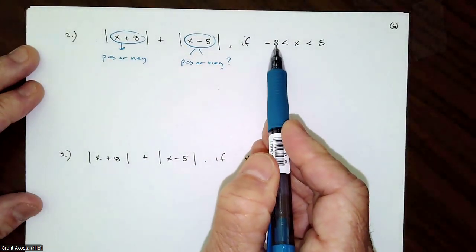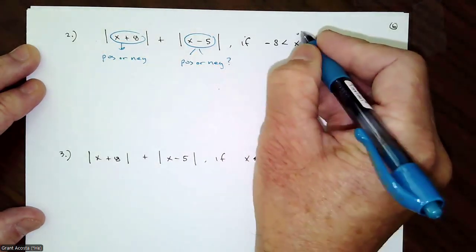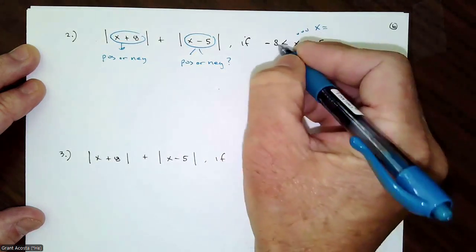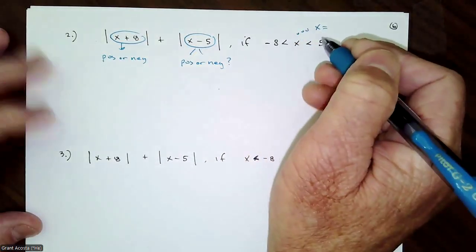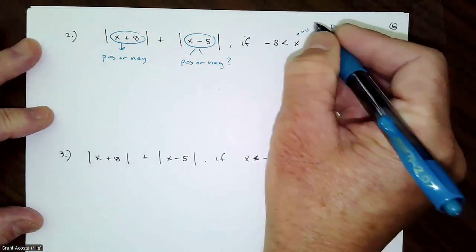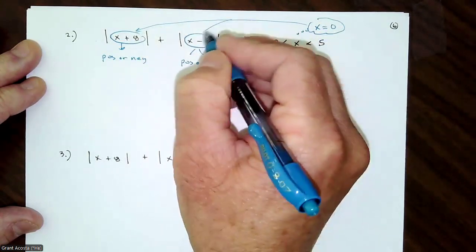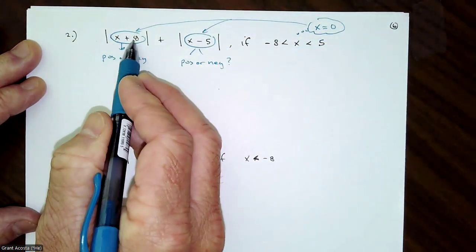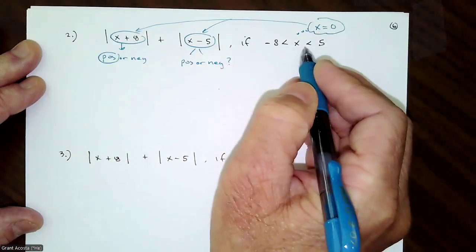You can literally do this. If we're told that x is a number between negative 8 and 5, you can literally just think of a number that's between negative 8 and 5. There's plenty. Negative 7, negative 2, 4, 3. I know what I would choose. I would choose 0. And if you put 0 in for both of these, 0 plus 8 is a positive number, and it should be true not only for 0, but any number you plug in there.